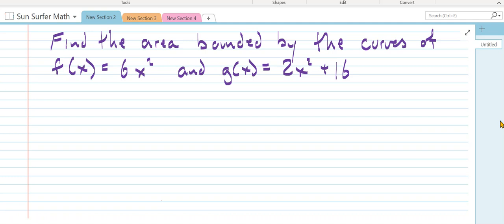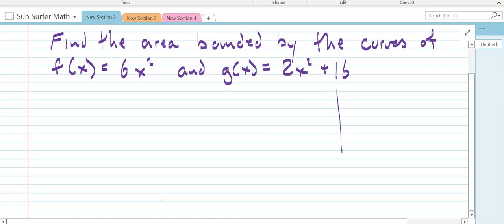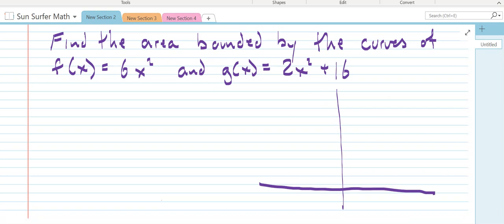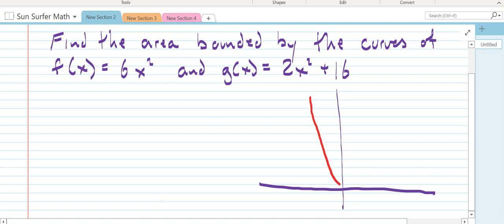So to graph this by hand, we know that we have two parabolas. And the first parabola, 6x squared, is going to be a fairly tall and skinny parabola. Looks something like this, with its vertex at 0, 0.